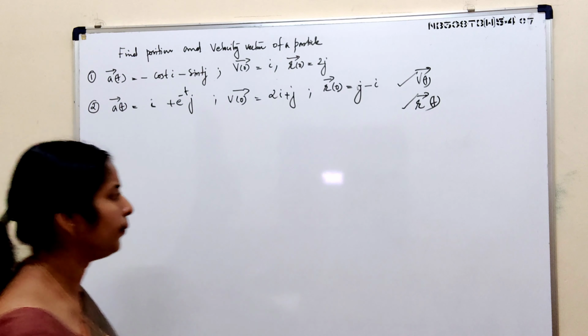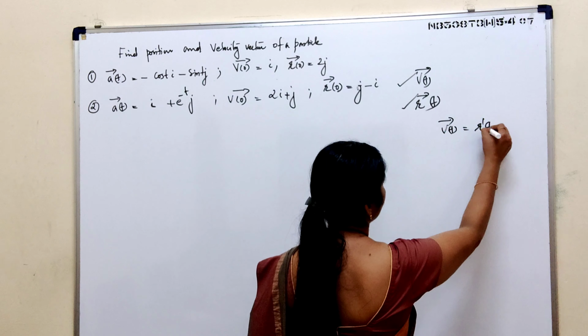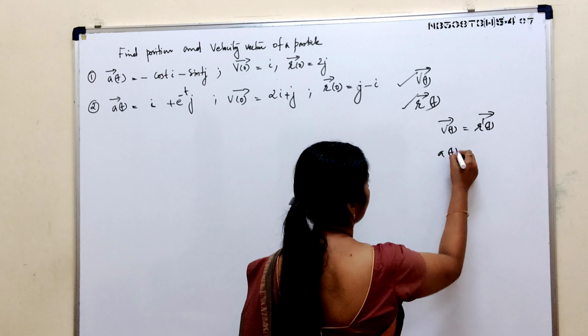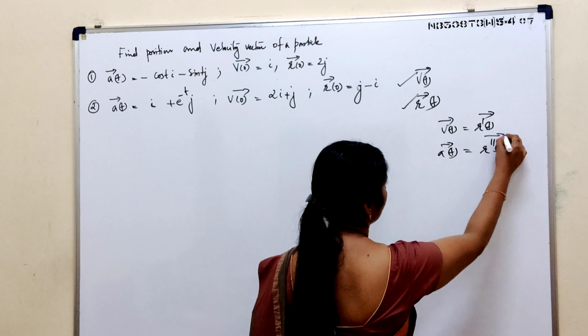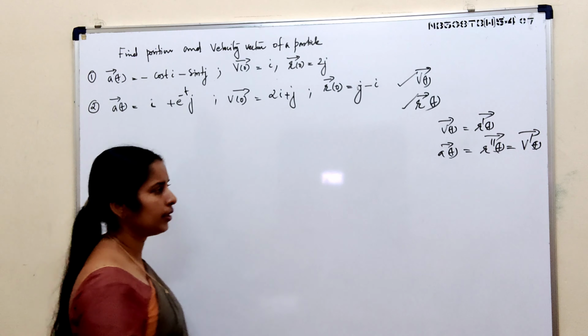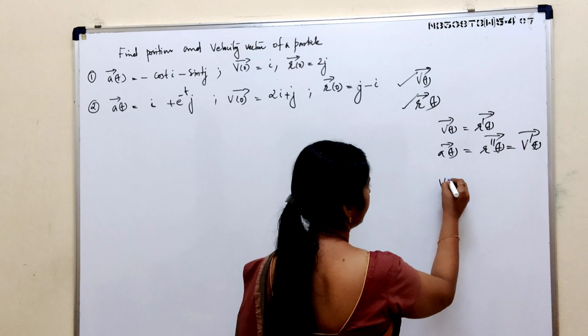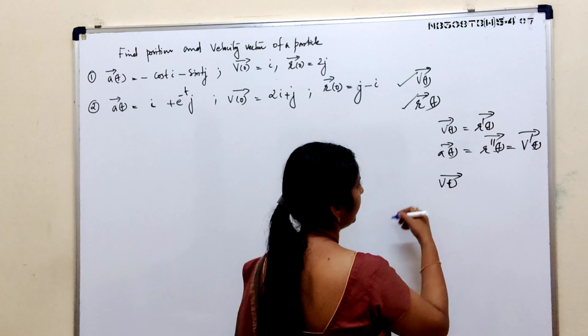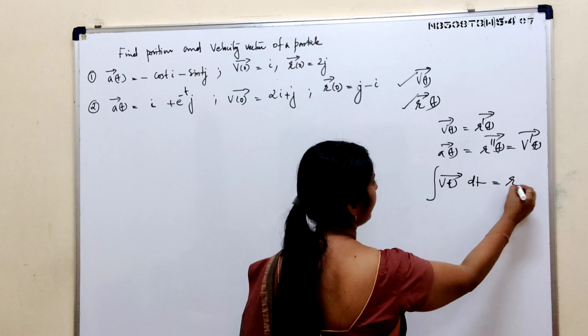See, we know velocity v(t) is r'(t), and acceleration a(t) is r''(t), or it is v'(t). That is the derivative of velocity. So, if we know the velocity v(t), then by integrating v(t), we have r(t).